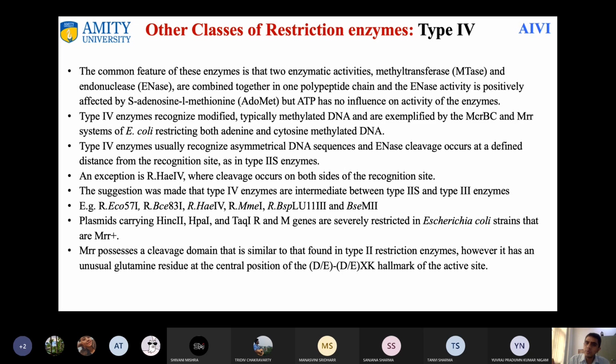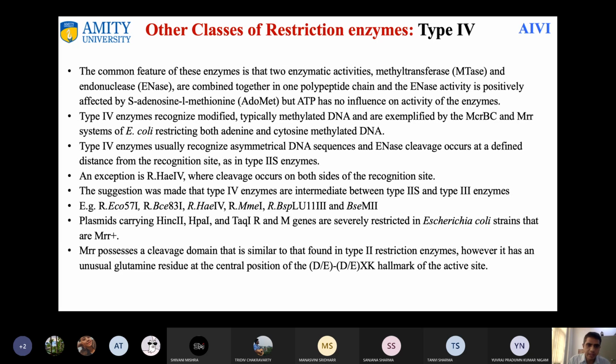Here type 2S is written. This type 2 is further subdivided into 3 groups, but that is not of much interest for you. If you want to read about it, you can read it, and if you want to understand this further subclassification of type 2 restriction nucleases, you can ask me separately, but it is not mandatory for your course.